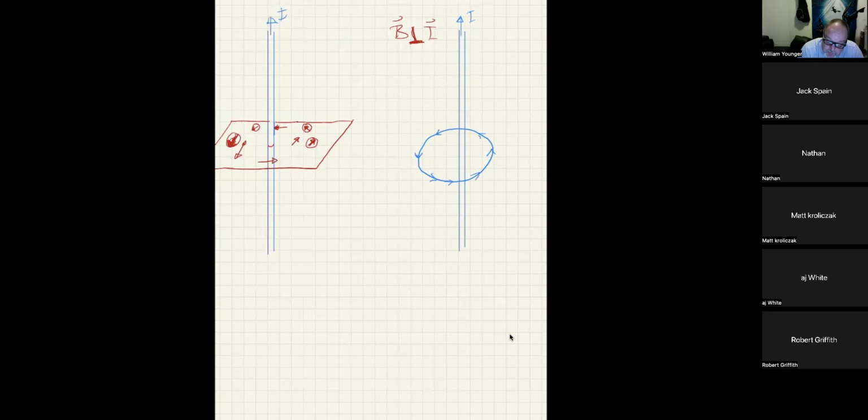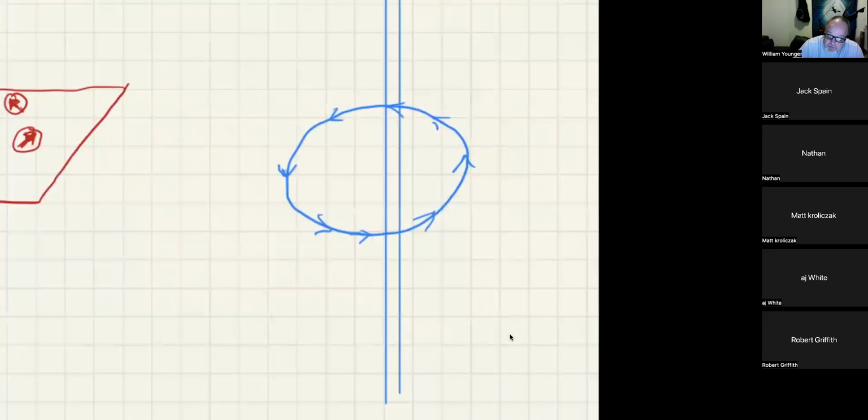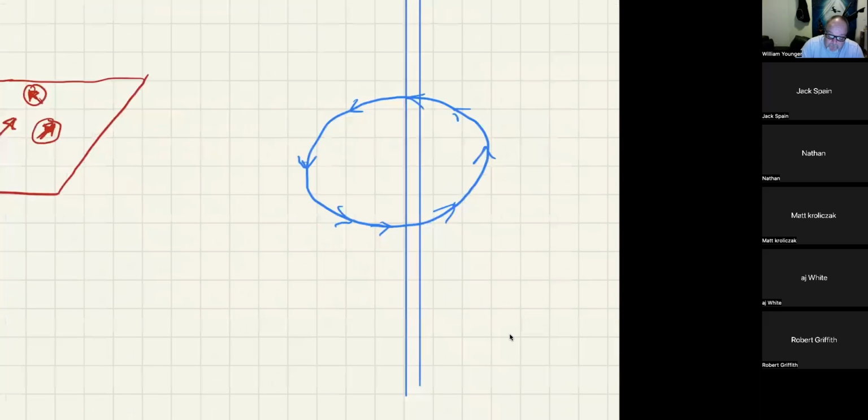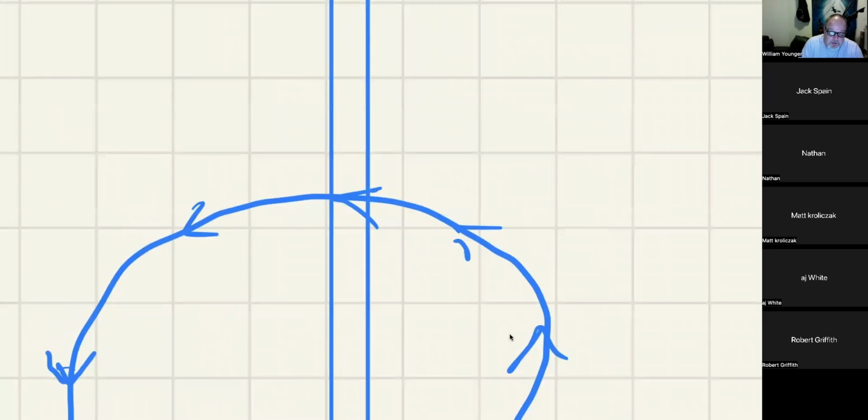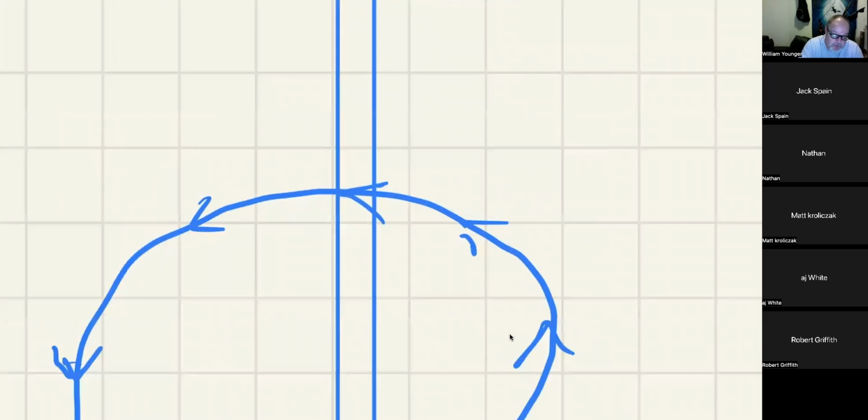And this circle is in fact centered on the actual wire. So in other words, the center of the circle is supposed to be aligned with the wire.